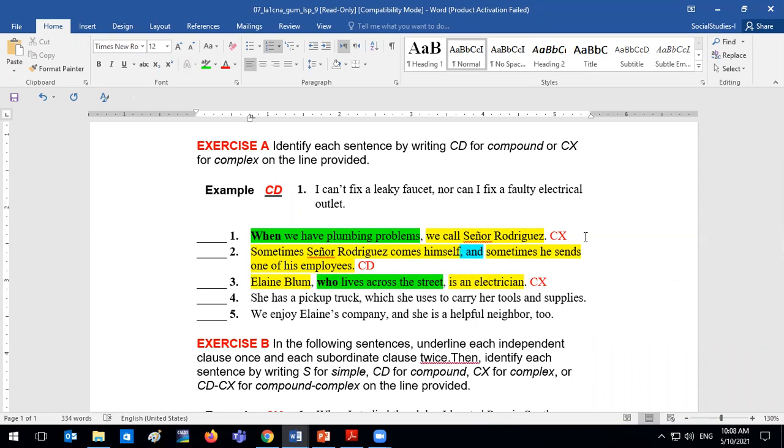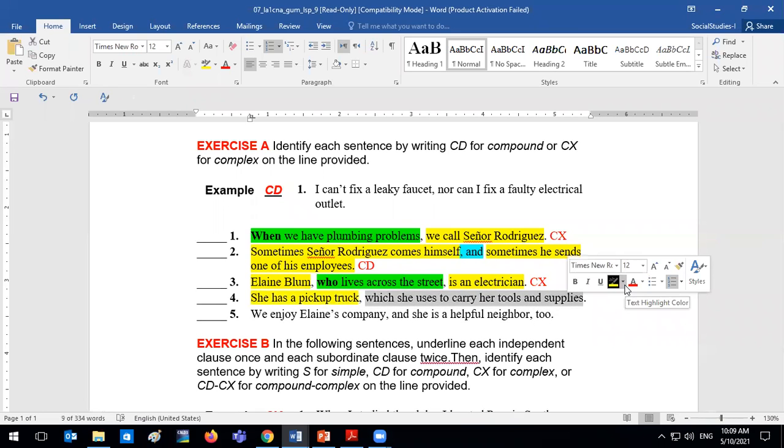Number 4, let's hear from Zaina, please. She has a pickup truck which she uses to carry her tools and supplies. She has a pickup truck is an independent sentence, and which she uses to carry her tools and supplies is also an independent sentence.